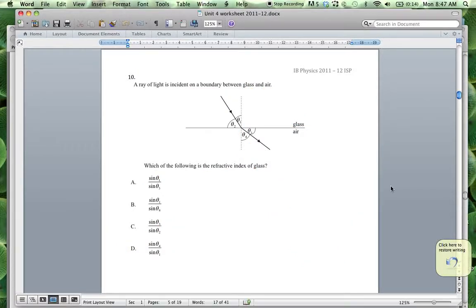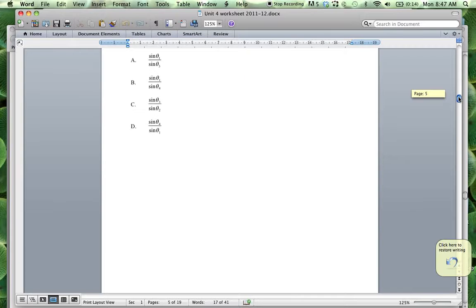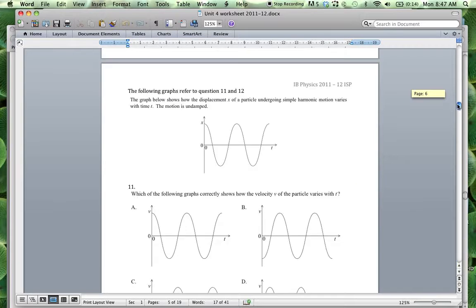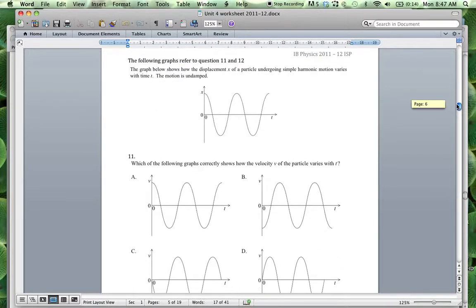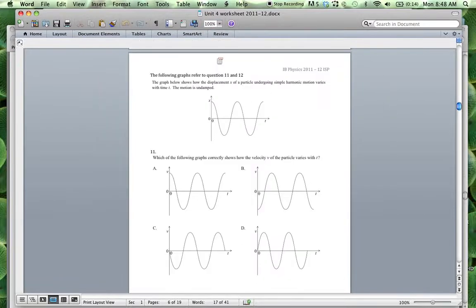Important thing though, identify your formula, and make sure that you know exactly where each one is and what each one is representing. So it says in this question that it relates to this graph over here. Let me just make this a little bit smaller so we can see it all on one page.